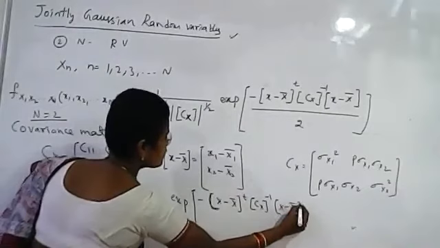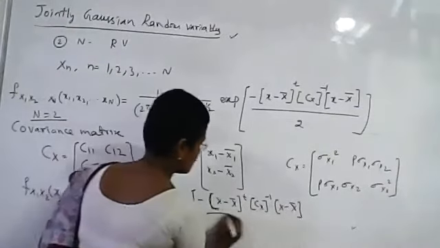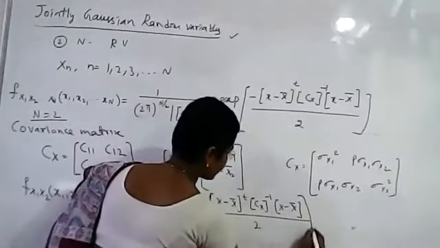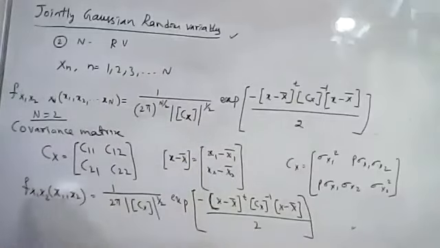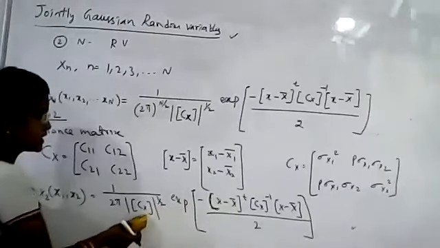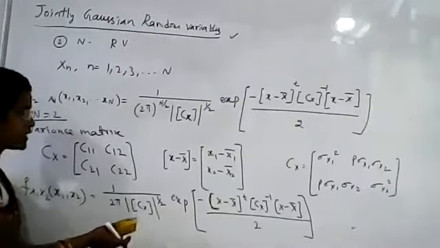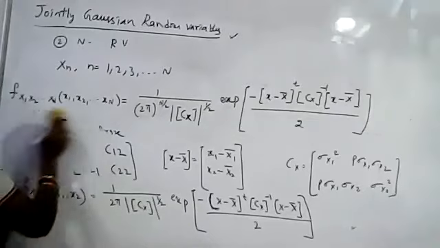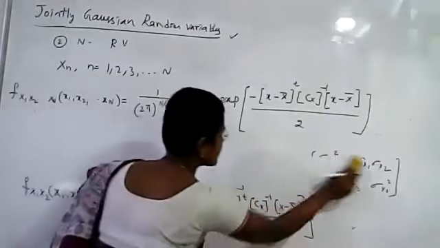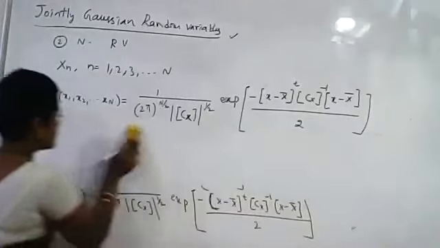Okay, so if you do this multiplication and finally check, you will get the formula of the joint probability density function of two random variables. Just do this matrix multiplication, and here you have to divide with the determinant. So what is the formula we finally get for two random variables?